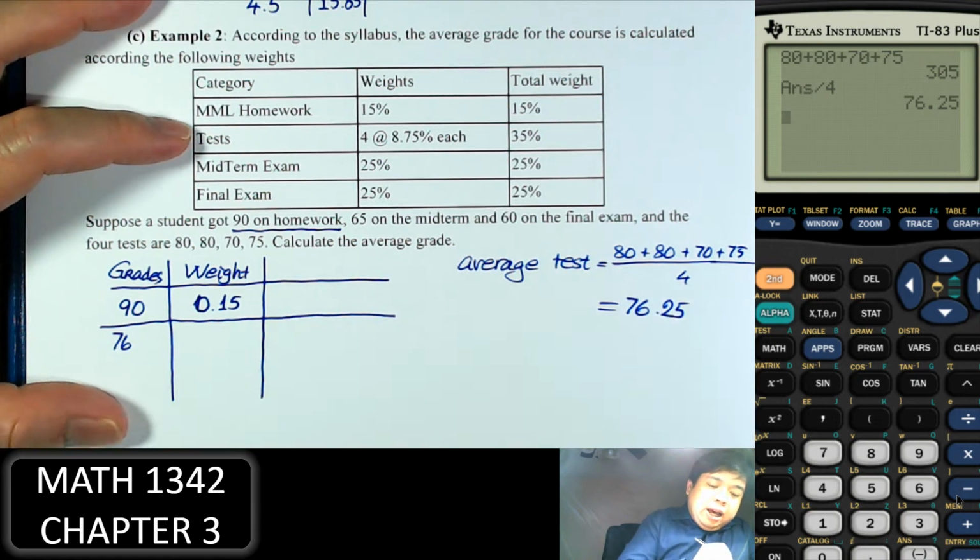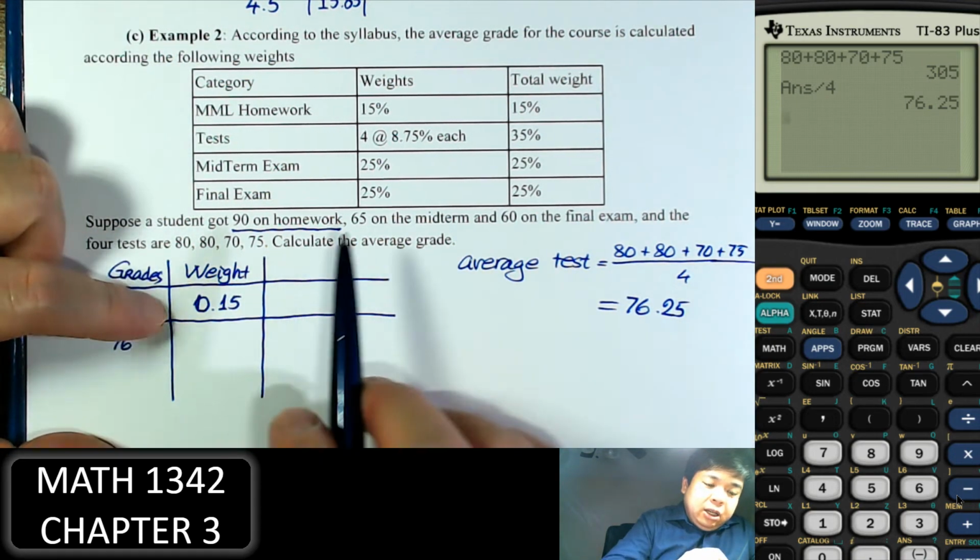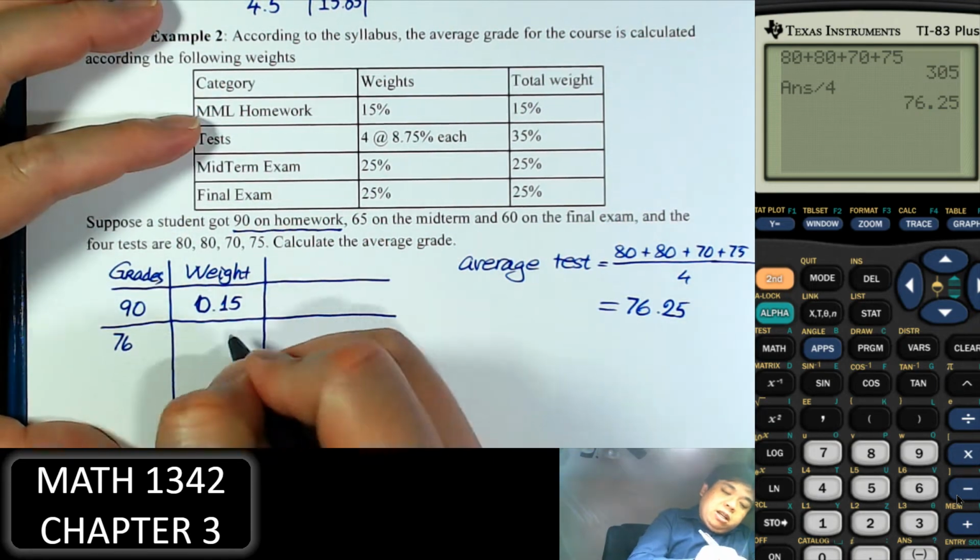Right, and that is for the weight of the test, the total 35%.